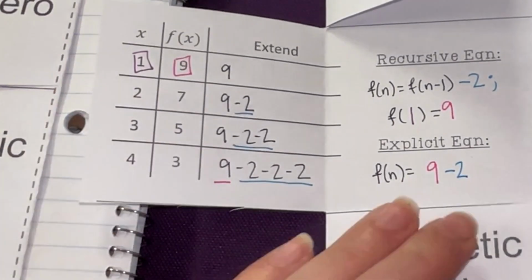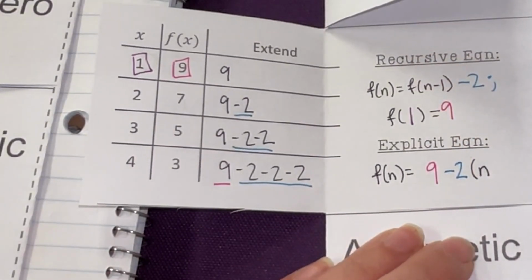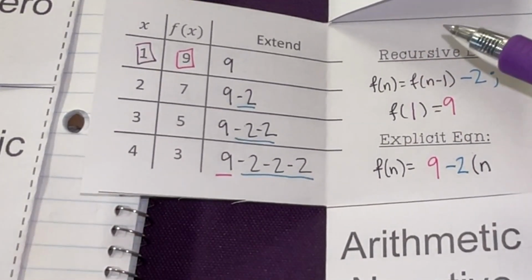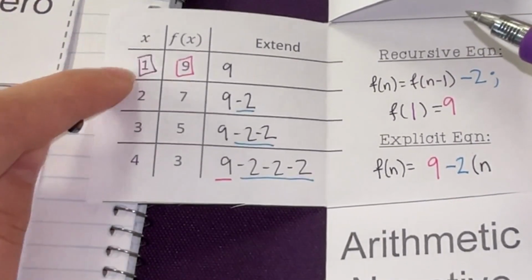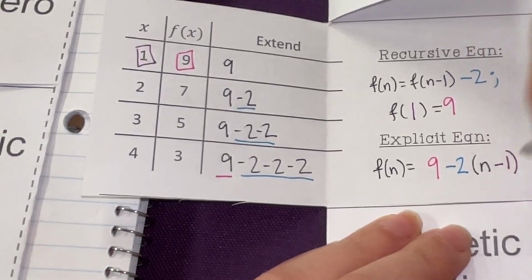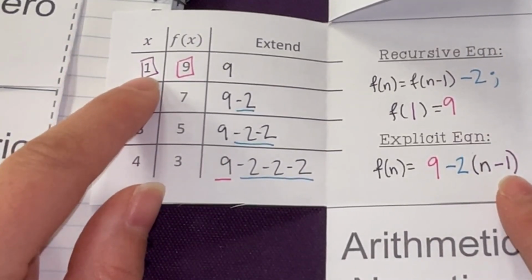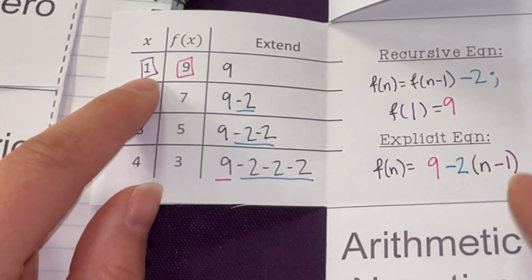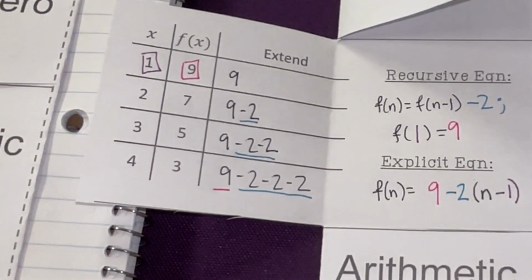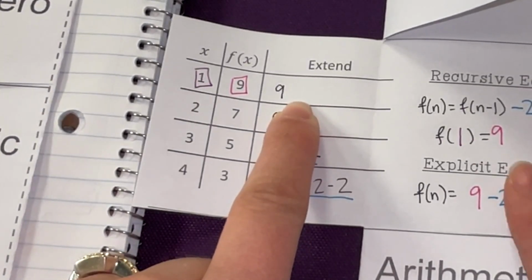So what we're going to do is write parentheses n, and then to incorporate that 1 we started with, we're going to do n minus 1. Okay, so whenever you start with a time that is not 0, you have to do the opposite, right? And the reason why we do this is because right here, how many minus 2's do we have?